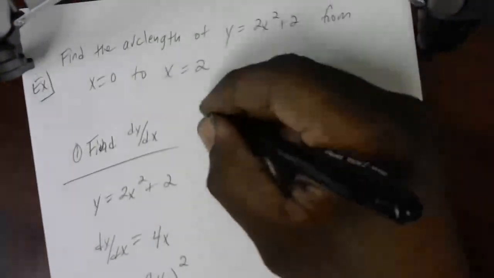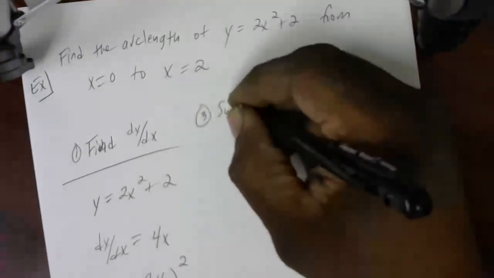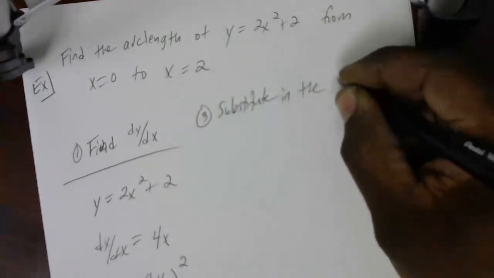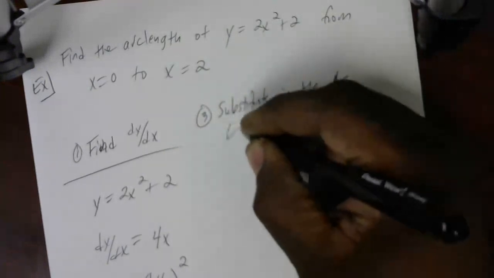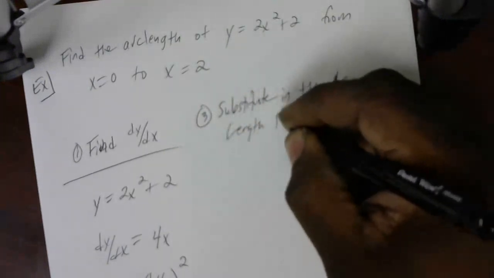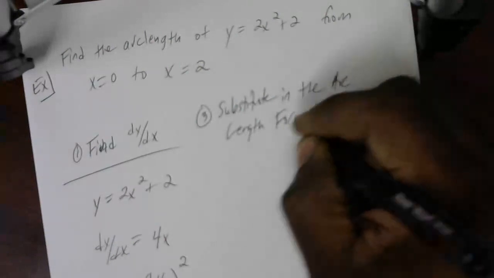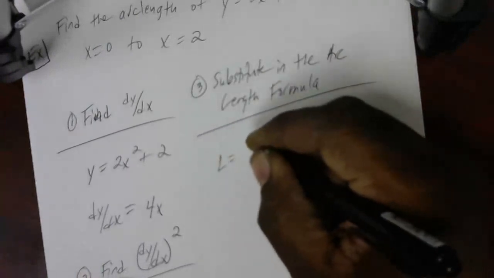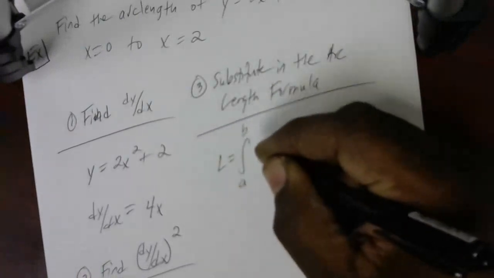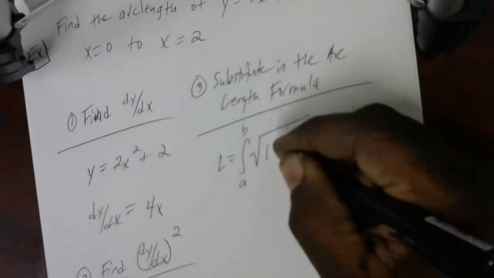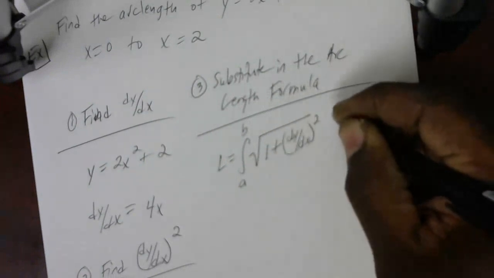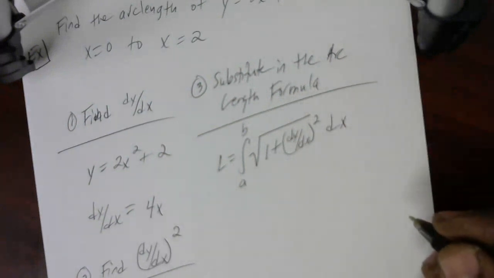And now we'll substitute into the arc length formula. Here I'll just jot down the arc length formula. The length is equal to the integral from a to b of the square root of 1 plus (dy/dx) squared dx.